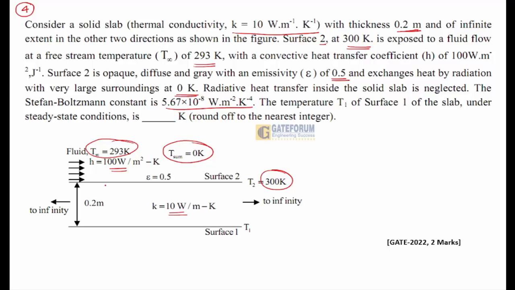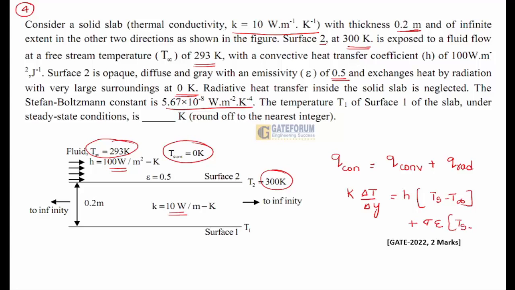From here, I can clearly write heat transfer by conduction is equal to heat transfer by convection and radiation. This is K into delta T by delta y, equals h into (surface 2 minus T infinity) plus sigma into epsilon into (surface 2 power 4 minus ambient power 4).